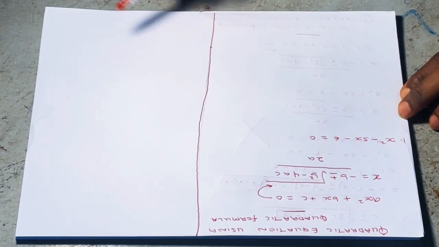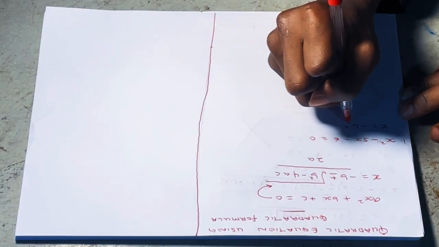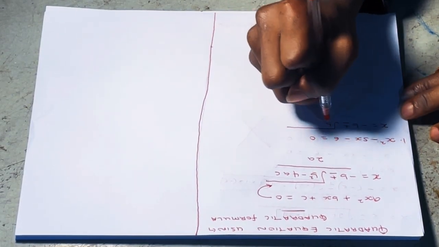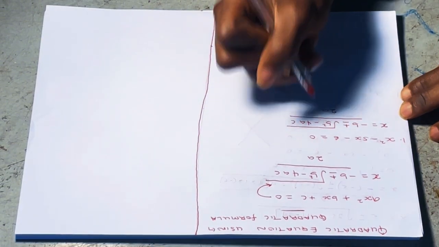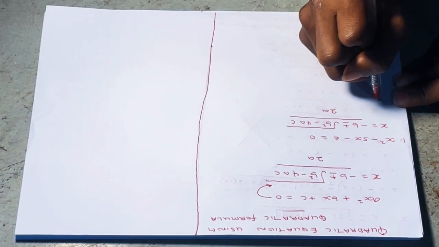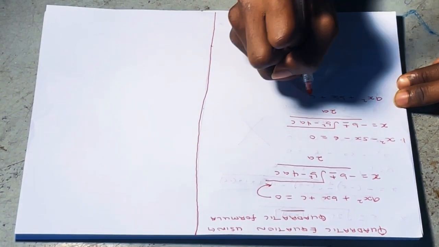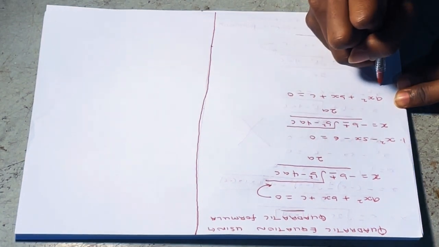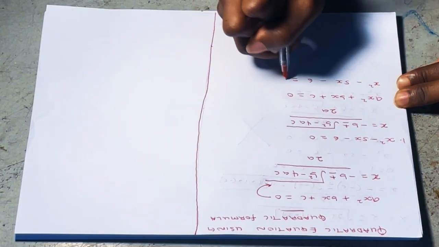Since we know the formula, x equals minus b plus or minus root b square minus 4ac over 2a, what you are going to do is compare with the general equation. The general equation is ax square plus bx plus c equals 0, and the question given is x square minus 5x minus 6 equals 0.